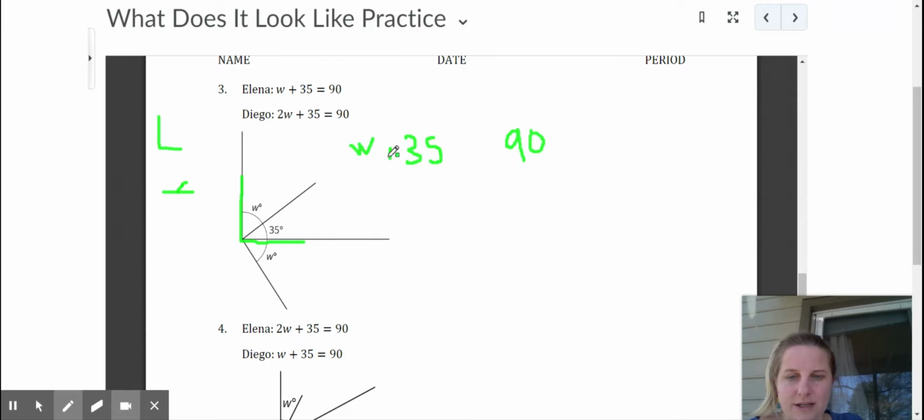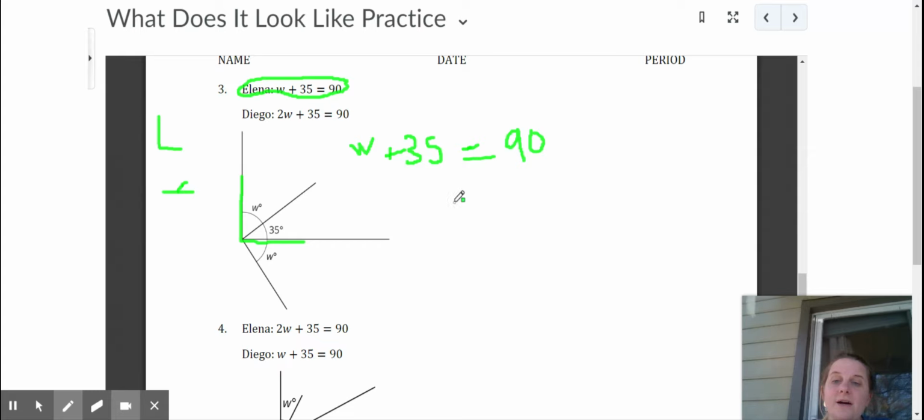So I know that W plus 35 equals 90 degrees. So now I know that Elena is correct. Now I need to figure out, what does W equal? That's the next part that I need to solve.